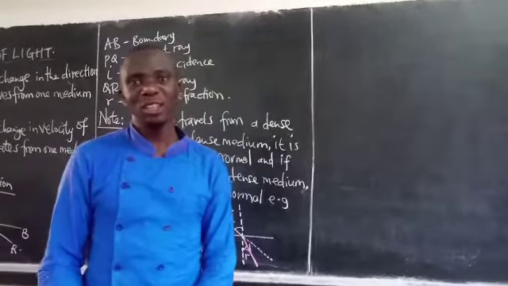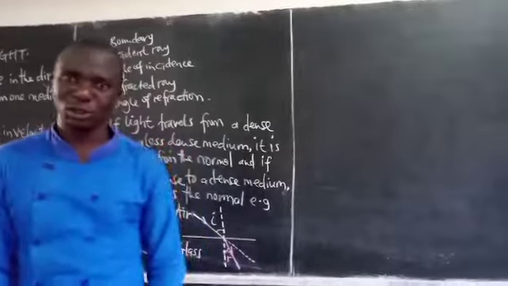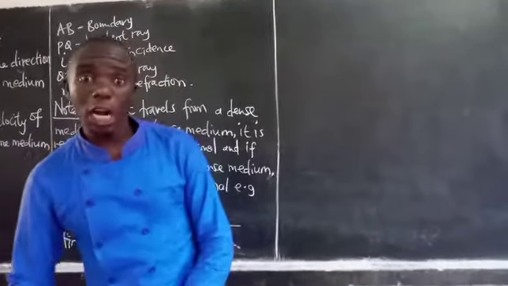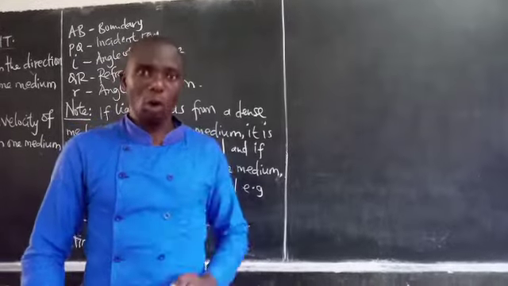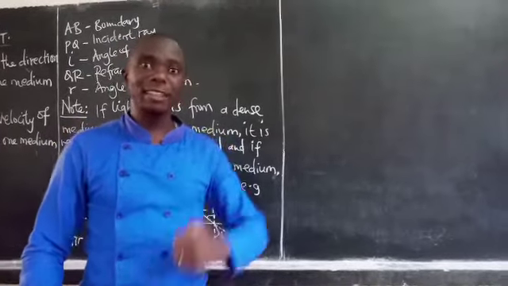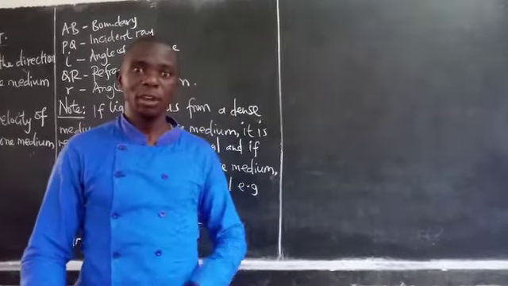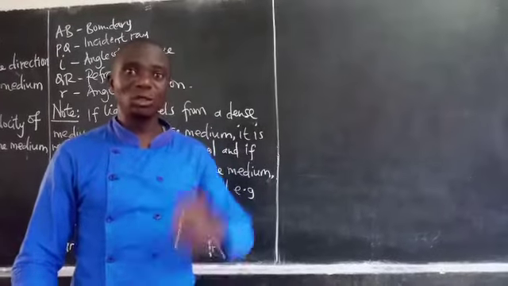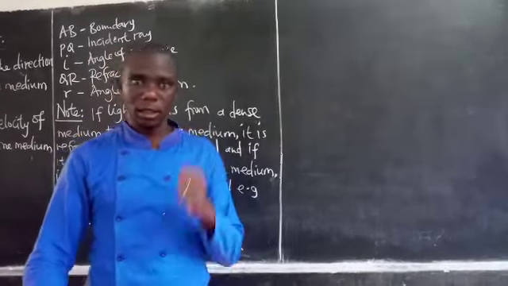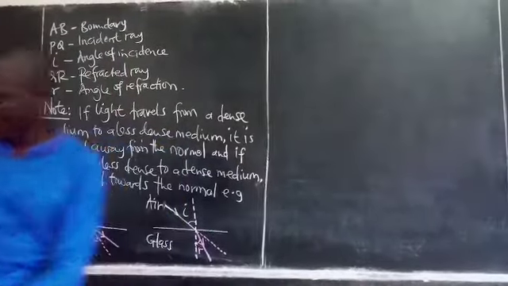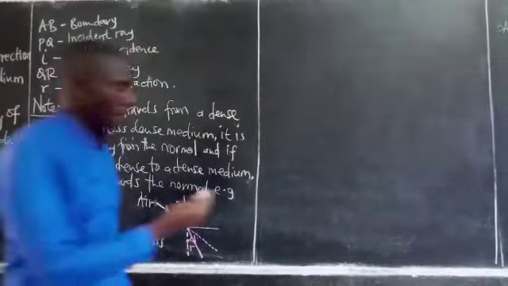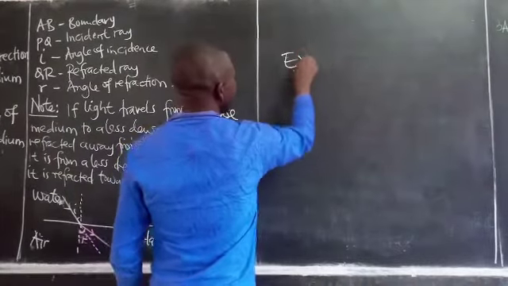From less dense to dense, towards. I can put it in a song. From dense to less dense, away. From less dense to dense, towards the normal. I would not want to sing. I want you to do this as part of your exercise.